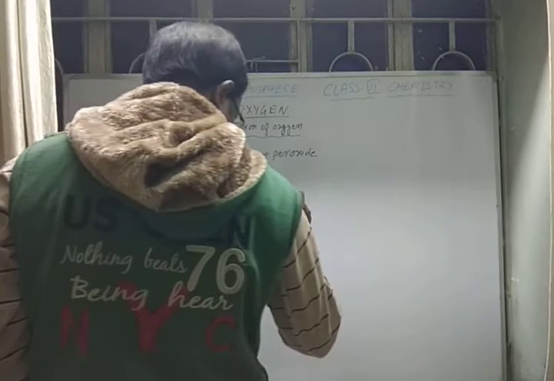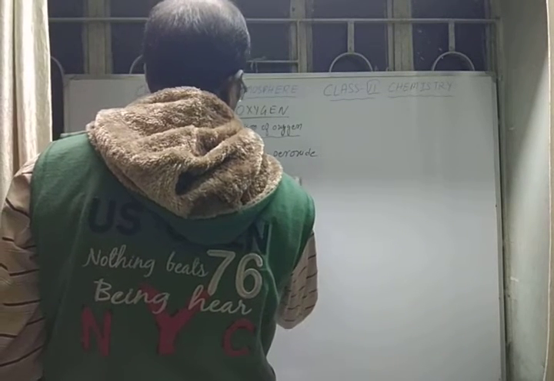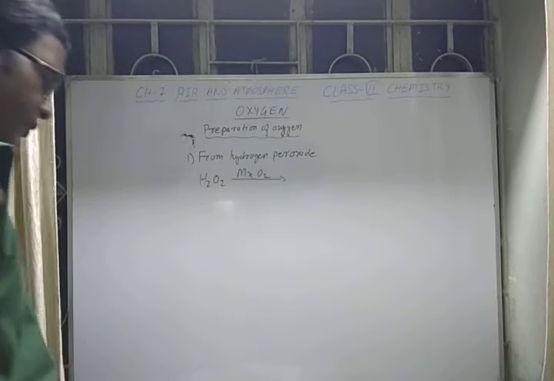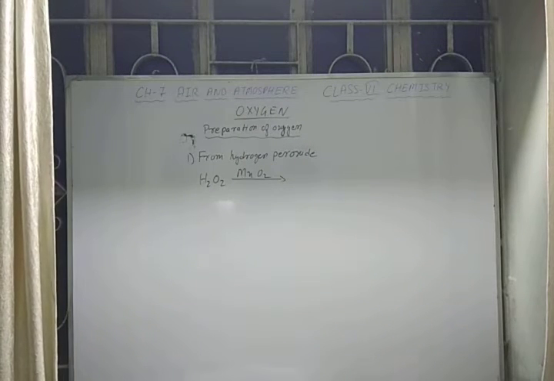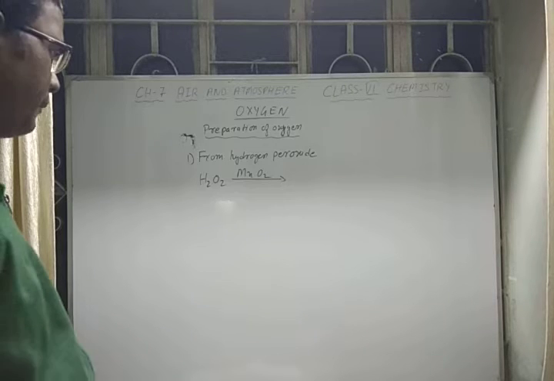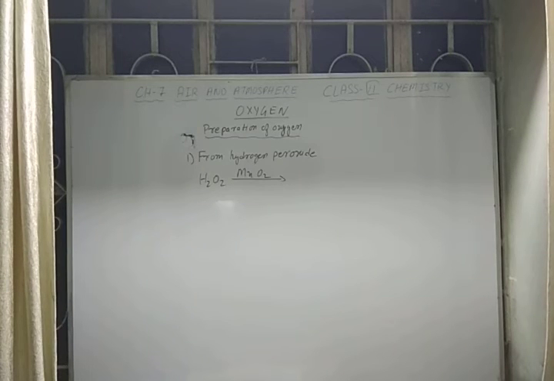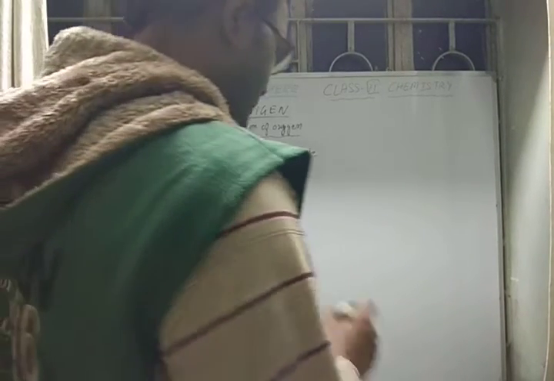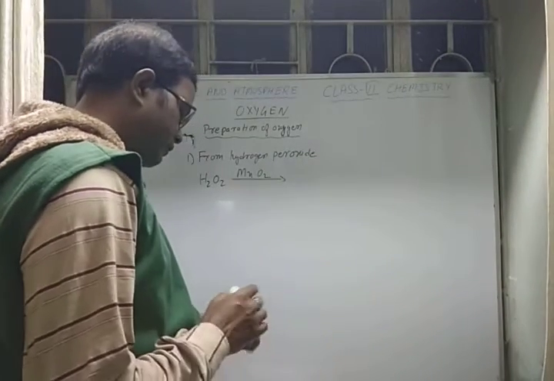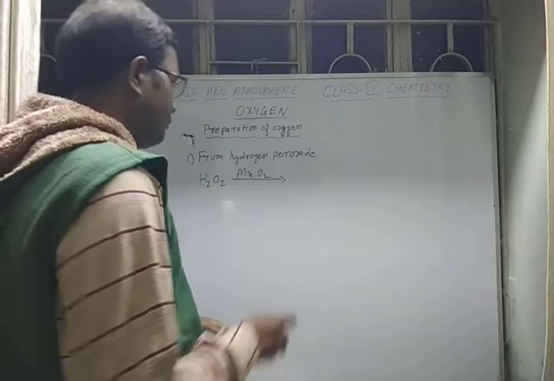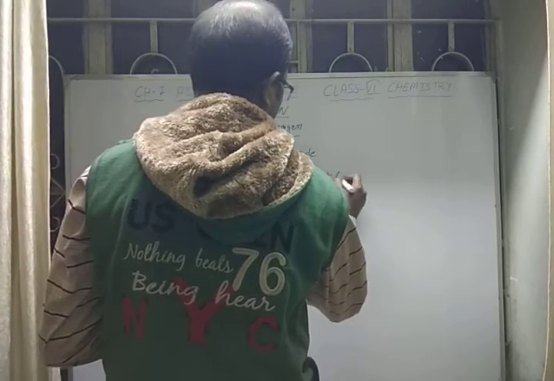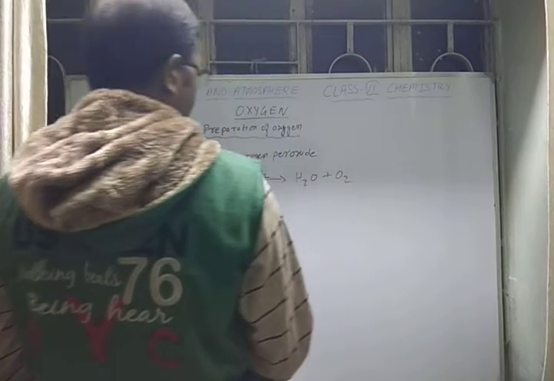When you decompose this hydrogen peroxide in the presence of catalyst MnO2, that is manganese dioxide, this manganese dioxide speeds up and breaks this into hydrogen and oxygen. So here manganese dioxide acts as a promoter, that is a positive catalyst. It is used to form water and oxygen. So H2O plus O2.